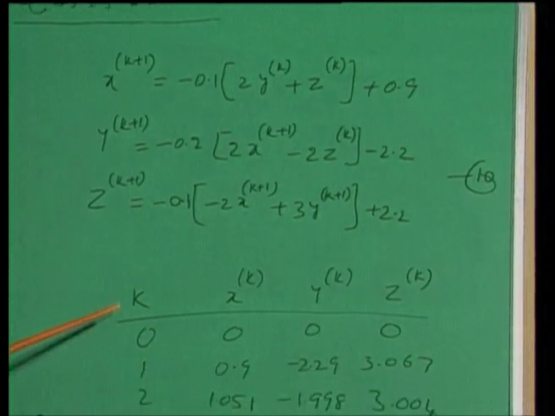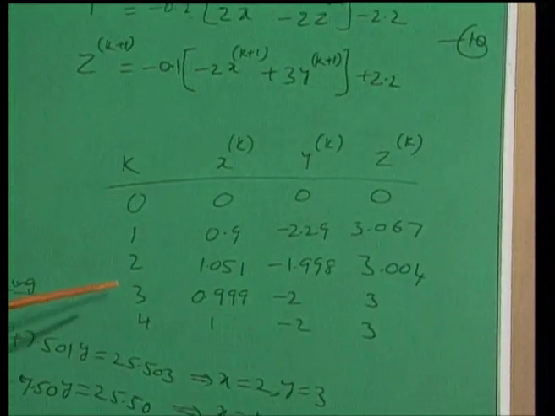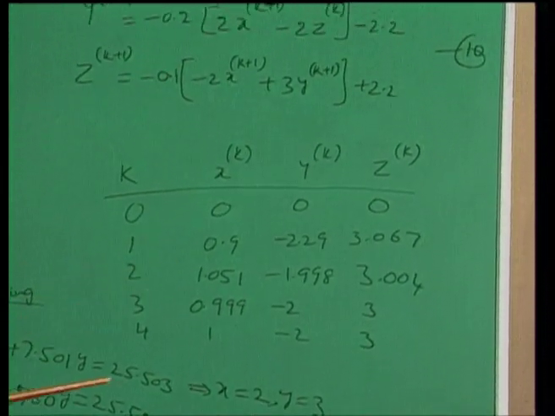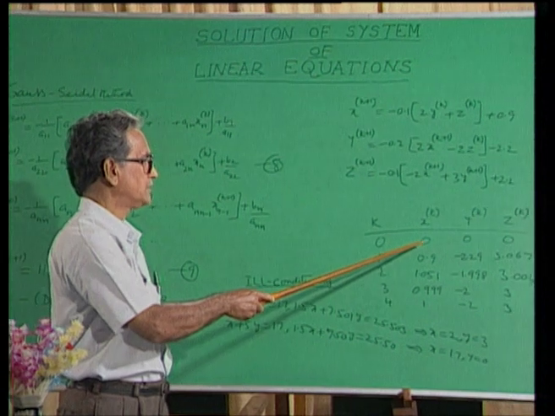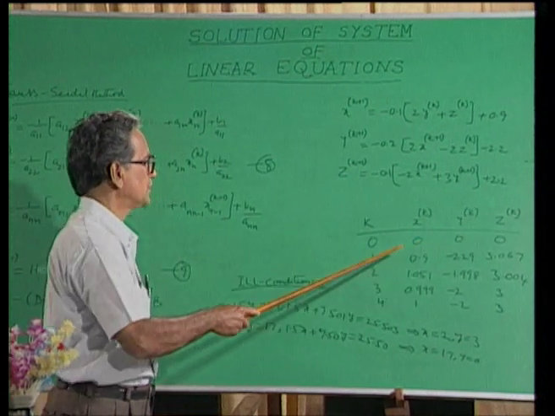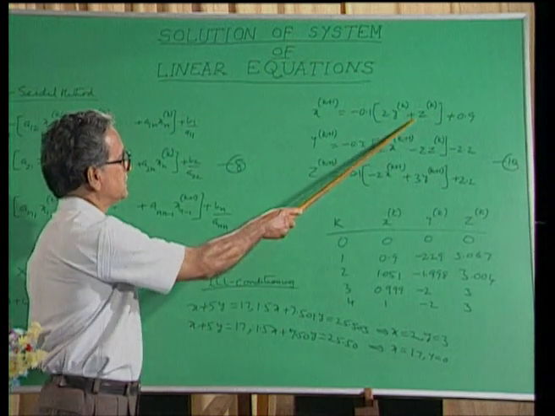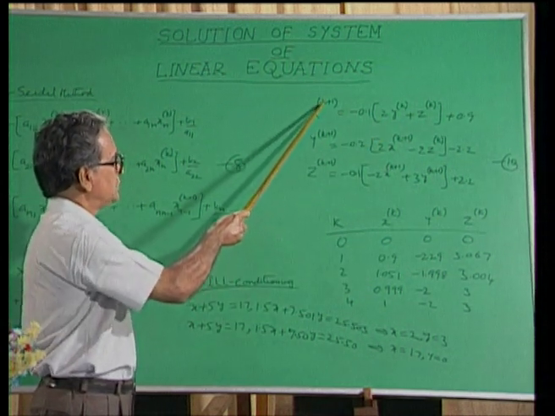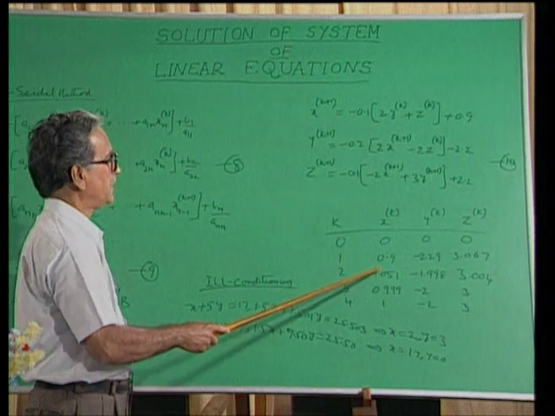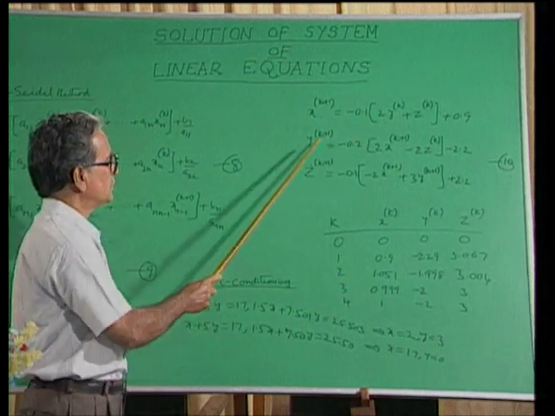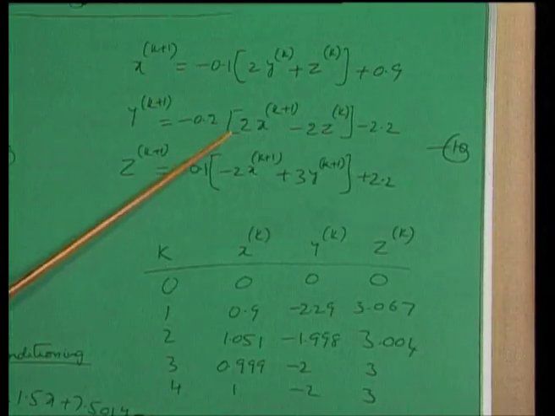Now we use these iterations again, k is equal to 0, 1, 2, etc., on these right hand sides, and we start with the initial approximation 0, 0, 0. Substituting x0, y0 and z0 in the right hand side, you will get x1 as 0.9 from the first equation. So the value of x now is 0.9.